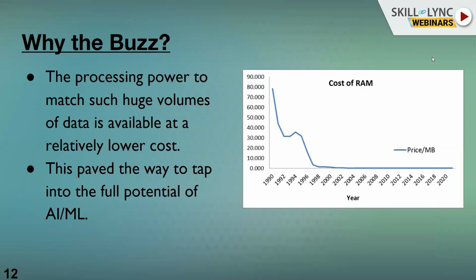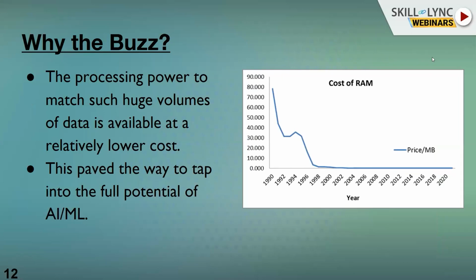And the second element is the capability to process data. You have to capture the data and manage the data, but then how are you going to process it? That itself is the challenge. As the years progress, not only the CPU cost, even GPUs are becoming much more affordable, and we are also talking about TPUs.